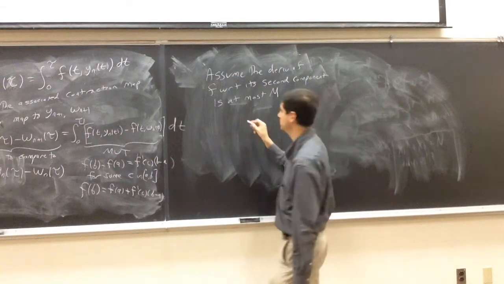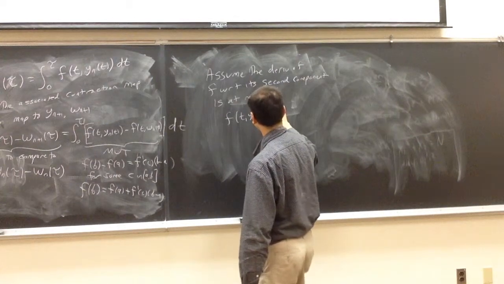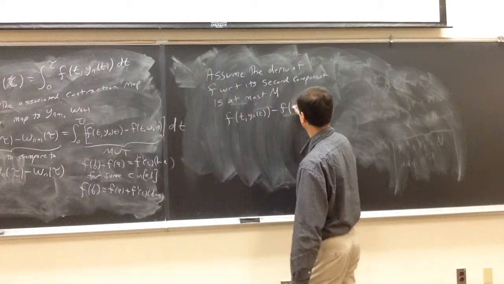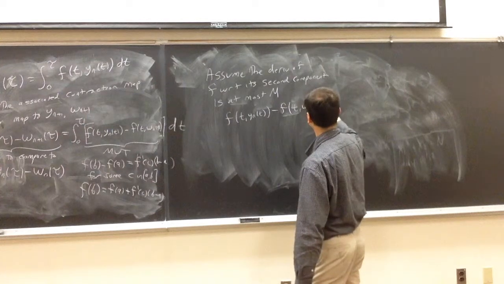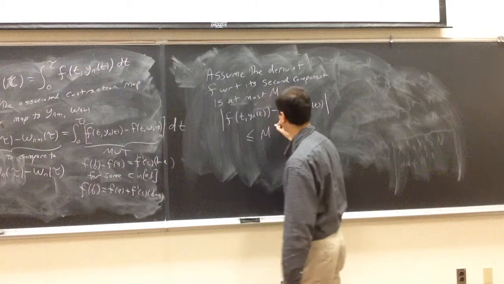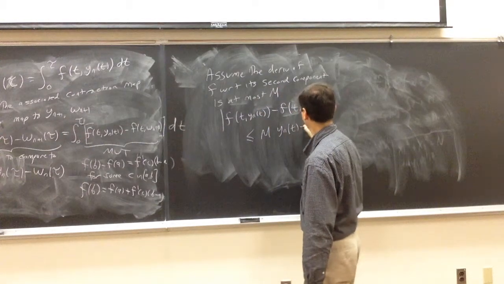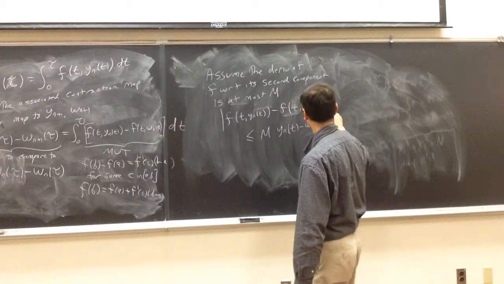If that's the case, then f of t, yn of t minus f of t, wn of t, in absolute value, this will be less than or equal to m times yn of t minus wn of t.